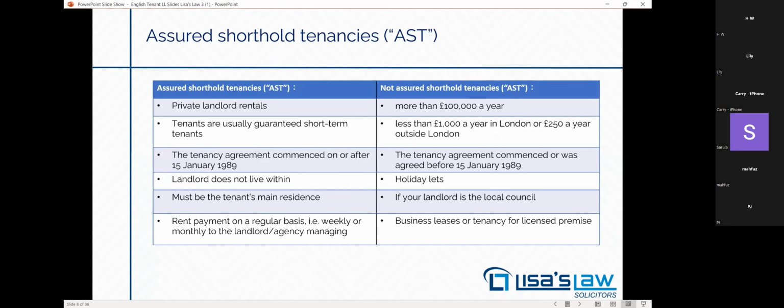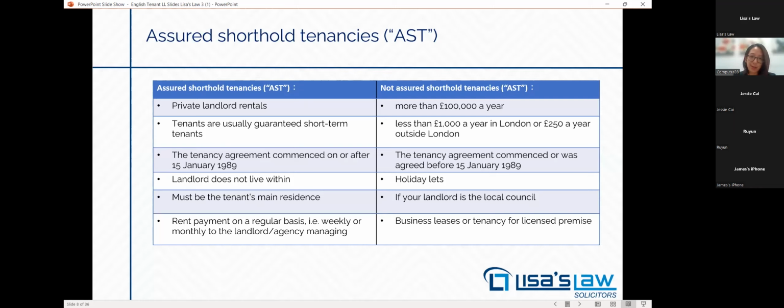Such a tenancy agreement will have to commence on or after the 15th of January, 1989. Anything that predates that will not be an AST. And the place that the landlord is renting must be the tenant's main residence.